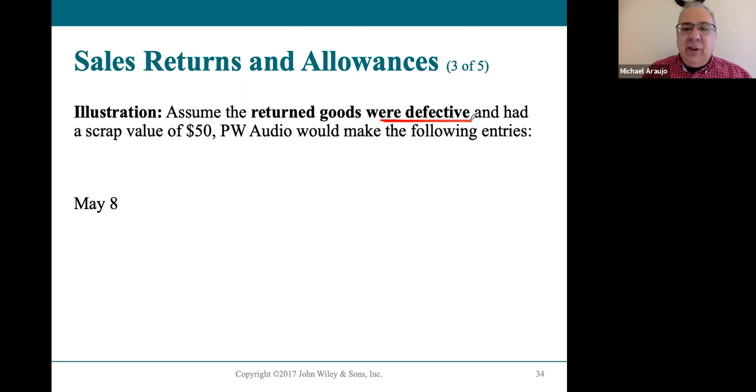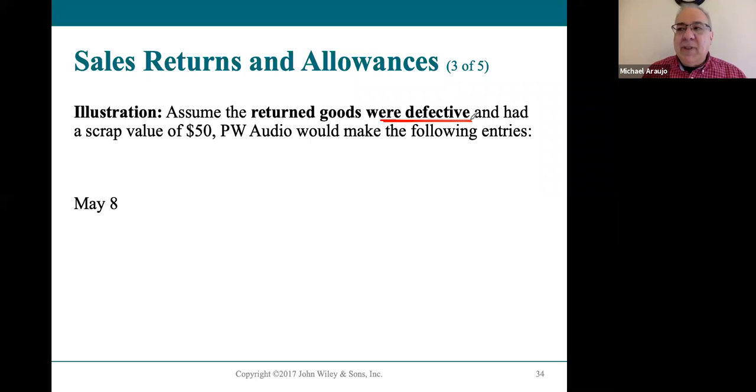The defection rate on many items is well below 1%, fractions of 1%.